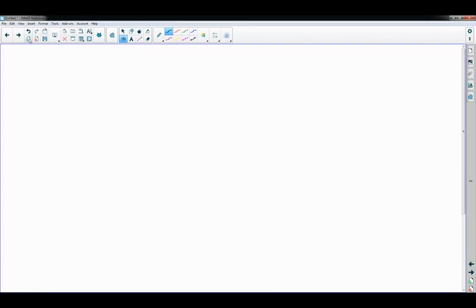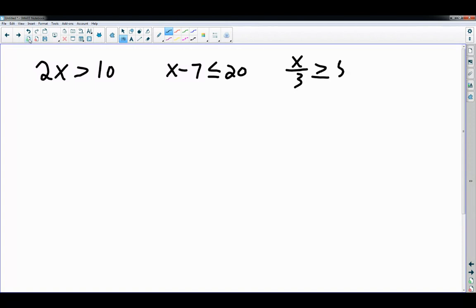So if I had, for an example, 2x is greater than 10, x minus 7 is less than or equal to 20, x over 3 is greater than or equal to 5, and x plus 8 is less than 5.